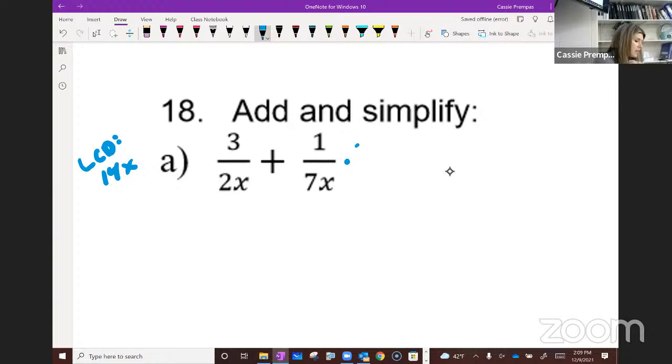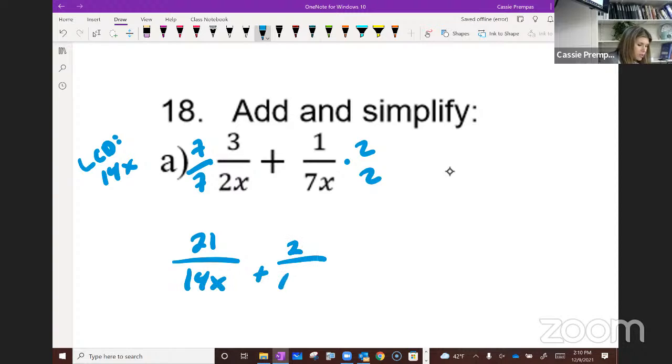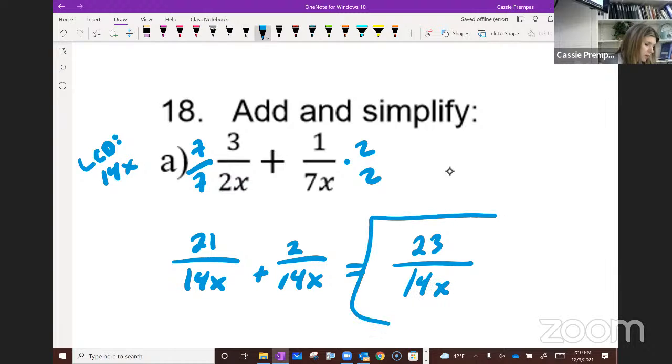If I'm just adding, I'm going to multiply it by 2 over 2, and this one by 7 over 7. That will create 21 over 14x plus 2 over 14x. Now the denominators are the same, so I can combine the numerators, and that'll become 23 over 14x. And that would be my answer.